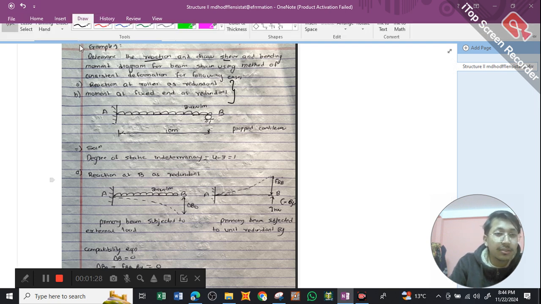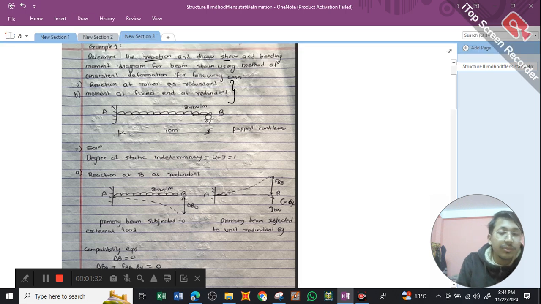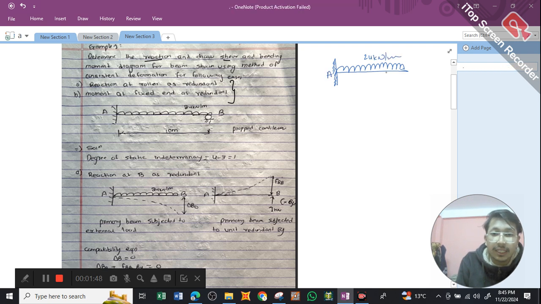So let me change the color. As you can see, let me just draw this beam over here. So this is our beam. We have a uniformly distributed load, UDL, of 24 kN per meter acting along the span from A to B over a length of 10 meters, also called a propped cantilever beam.